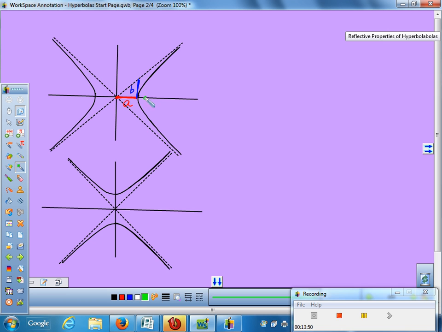And the good news is C is always the same. C is always center to focus. But C's on there twice.